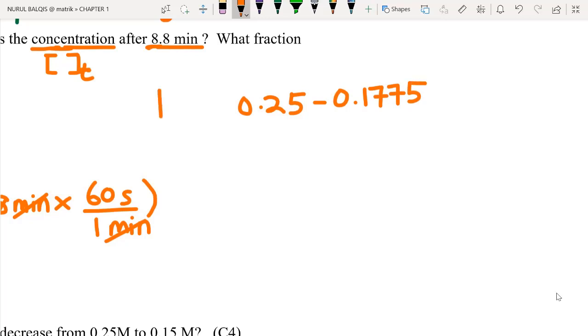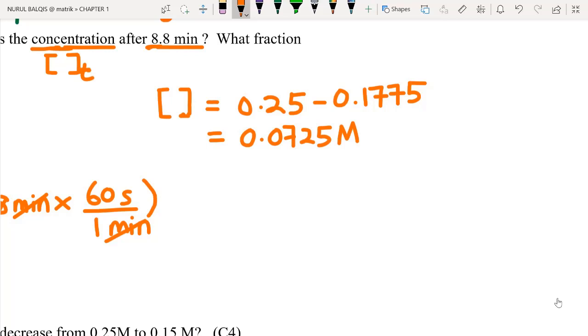So this is the concentration that has been decomposed. Right, so we're going to get 0.0725 molar.